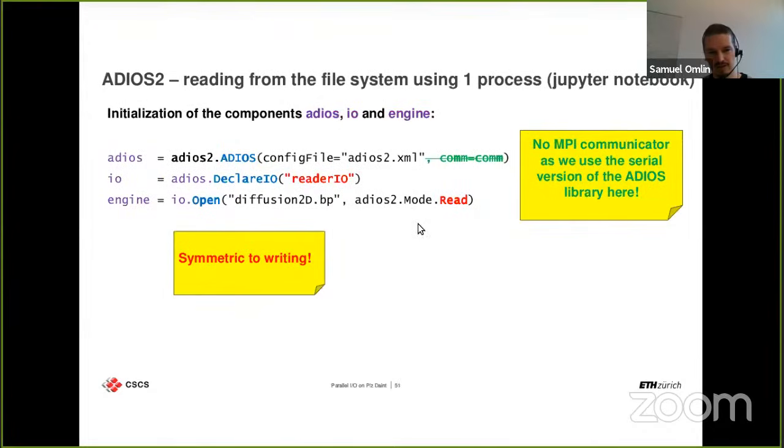The initialization is basically the same as writing, just instead of writer IO, I have reader IO. Instead of write, you have read, and that's it. Now here is a detail: as we use this from Jupyter Notebook where we don't have MPI, we don't have the MPI communicator, and we actually use the serial version of the ADIOS library here.